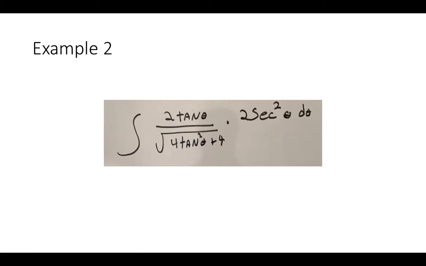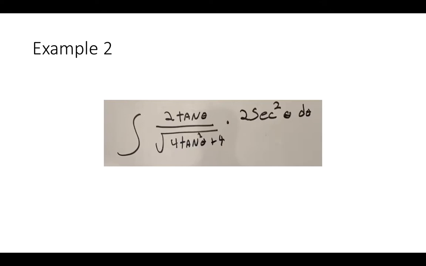So it's 2 tan theta divided by the square root of 4 tan squared theta plus 4, times 2 secant squared theta d theta. All right. So now what we want to do is try to simplify it as much as possible. What I like to start off with is the information that's in the square root.